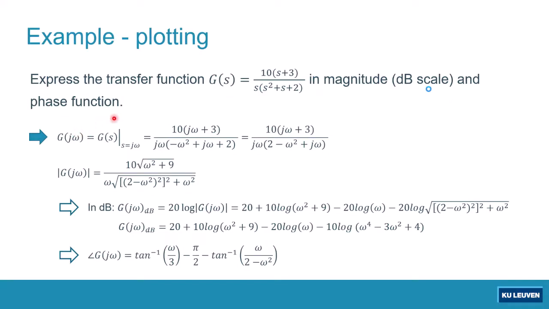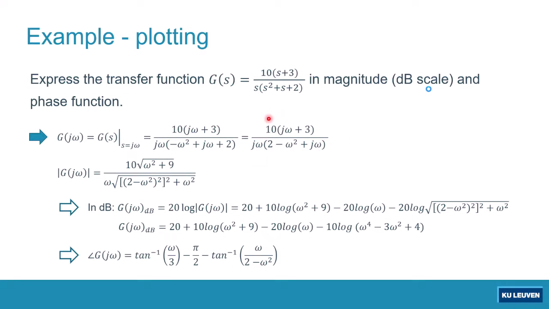How do we do that? It's pretty simple. We just substitute j omega for all of the s's in our transfer function. After I replace all of the s's with j omega and simplify the equation, this is what I will get.